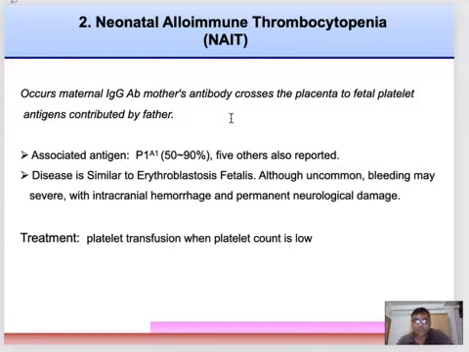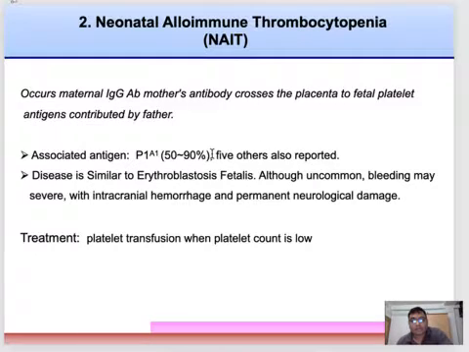From the name, we can guess that this reaction occurs in the neonates, through the placenta, so definitely the antibody comes from the mother. The antigen responsible for this reaction is P1A1, in 50 to 90% of cases.